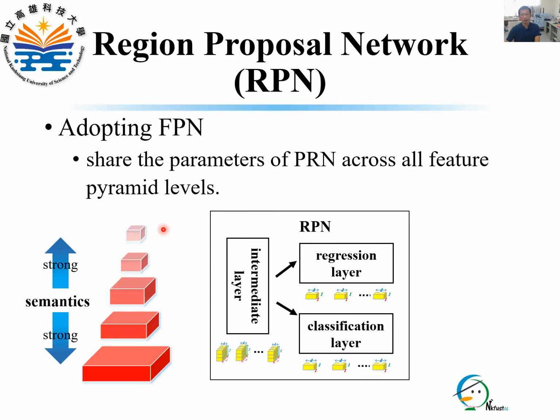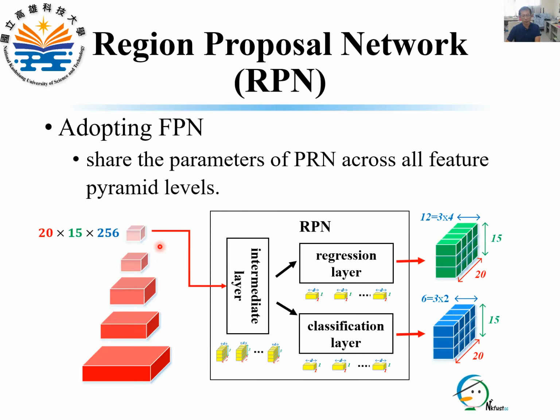Since the feature maps from FPN are all with rich semantics, the parameters of the RPN are shared across all feature levels. More specifically, all layers from top to bottom use the same convolutional kernels in intermediate layer, regression layer, and classification layer to predict the regression parameters and class probabilities.